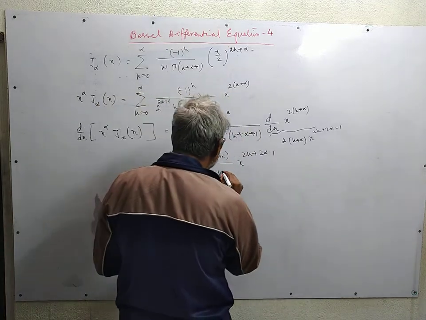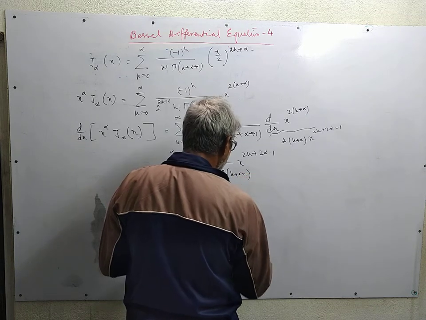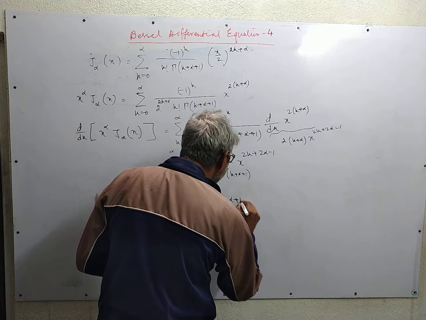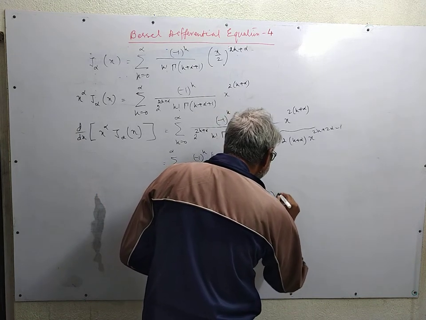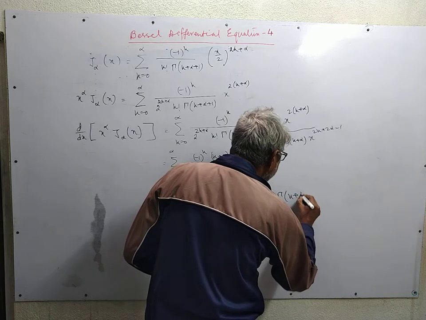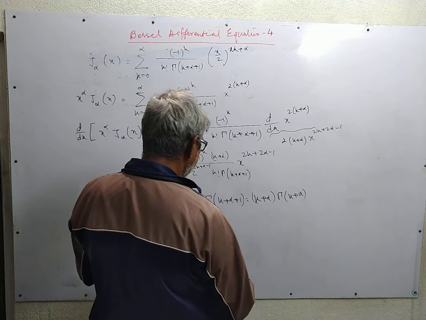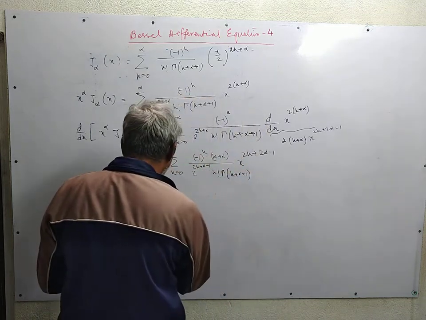Oh, I have missed this gamma factor, gamma k plus alpha plus 1. Now note that gamma of k plus alpha plus 1 is equal to k plus alpha gamma of k plus alpha. So there is an adjustment.